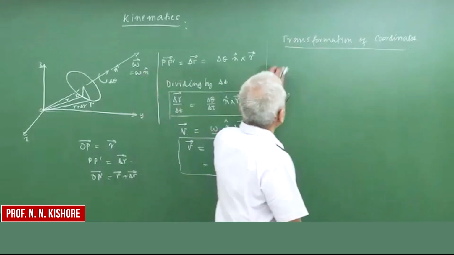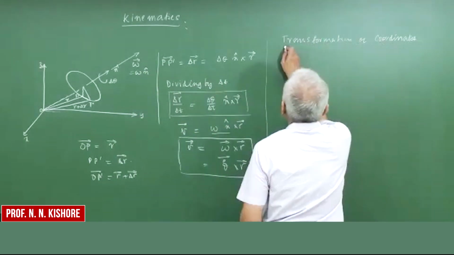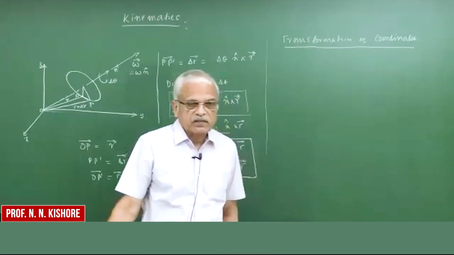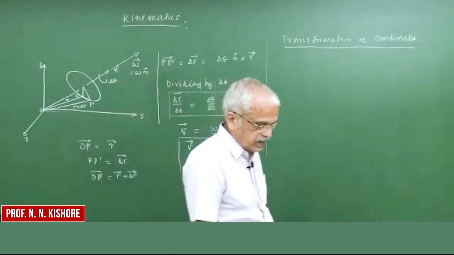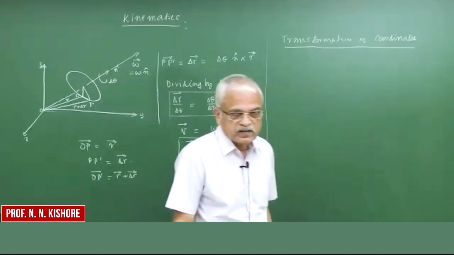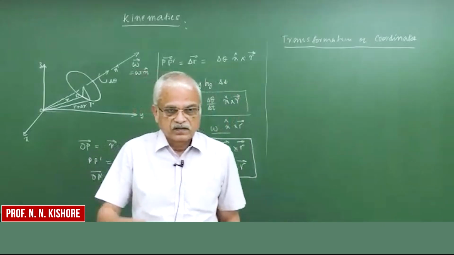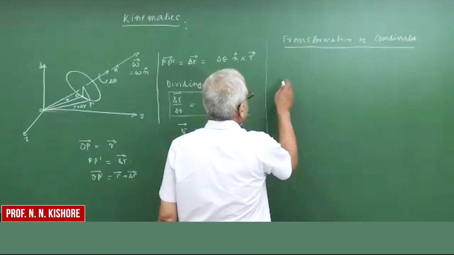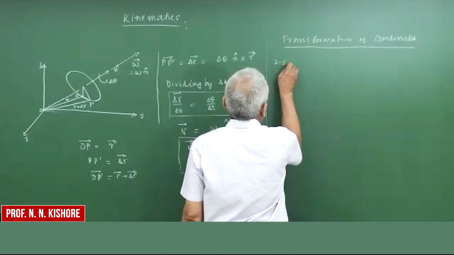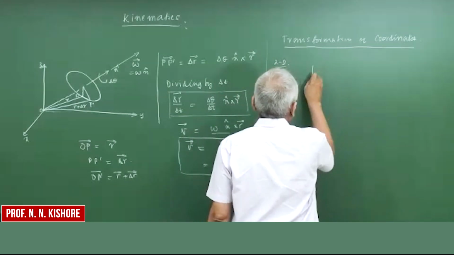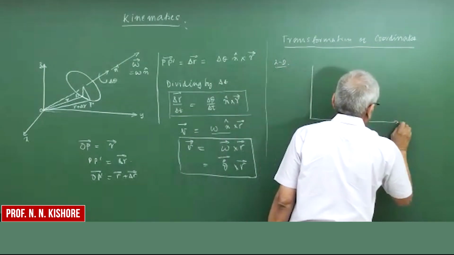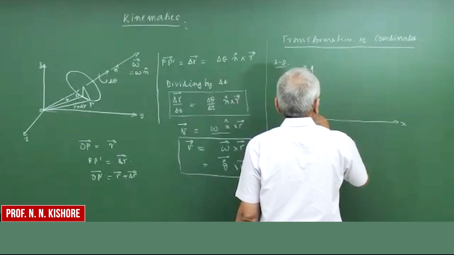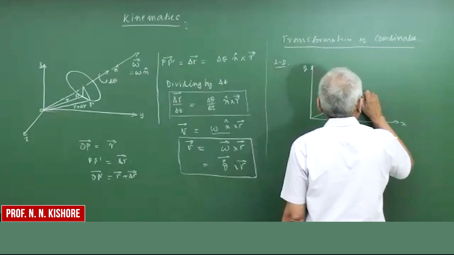Essentially, we have Cartesian coordinates, but many times we like to use other coordinates, and we should know how to switch from one coordinate system to another in a seamless manner. Just in 2D, I am going to go to 3D very soon. In 2D, we have polar coordinates. So we have xy and point P here.